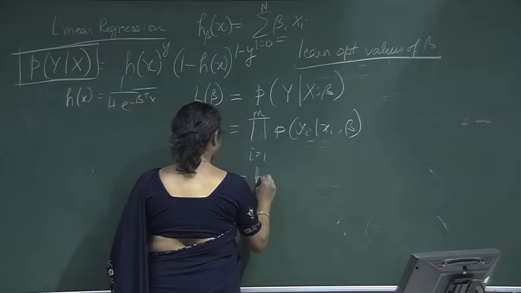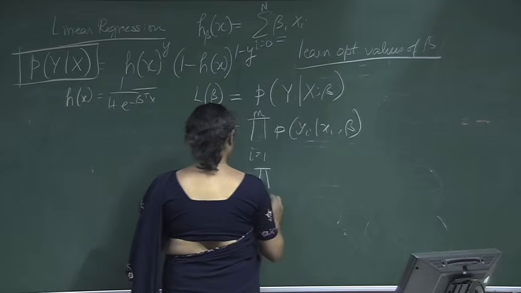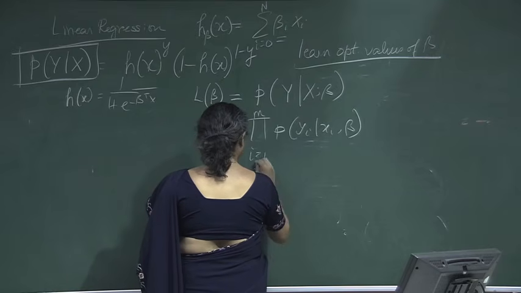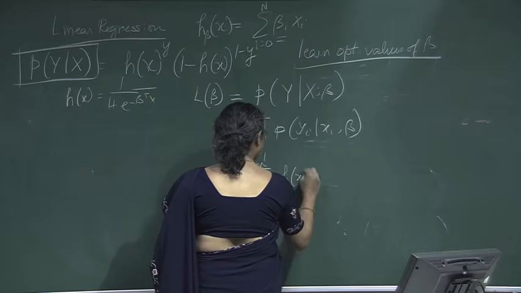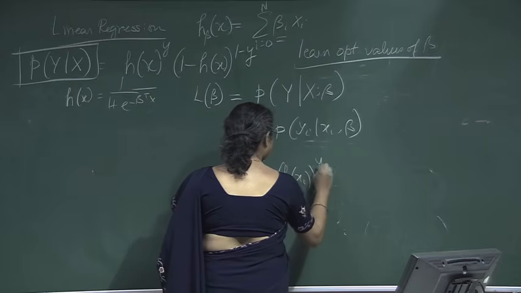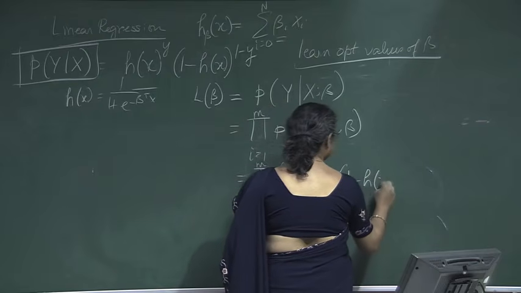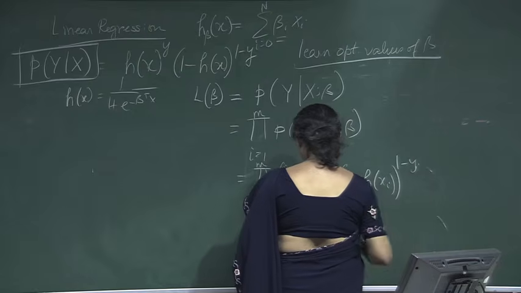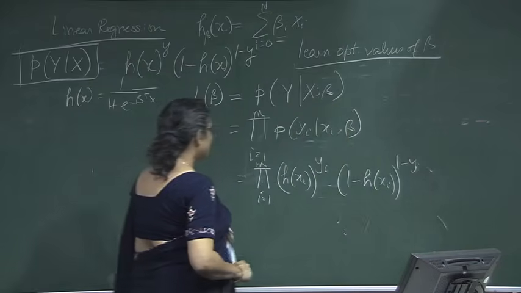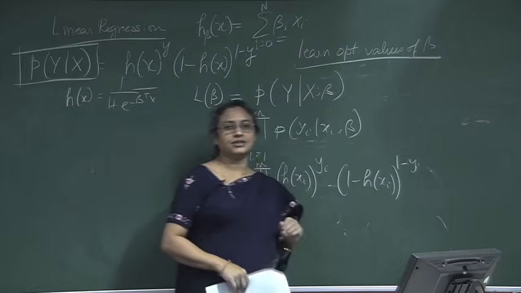As we have seen, this is the product for i equal to 1 to m of h(x_i) to the power y_i times 1 minus h(x_i) to the power 1 minus y_i, right. So, we have got to find beta so that this expression is maximized.